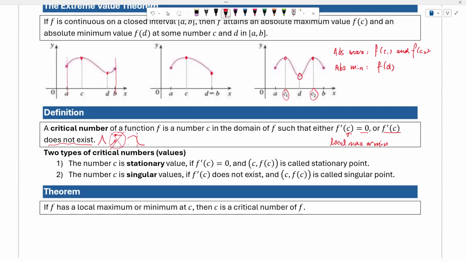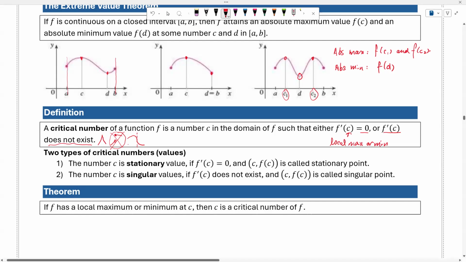So with these critical numbers, because sometimes we have f'(c) = 0 and sometimes f'(c) does not exist, we have different names for these two types of critical numbers.